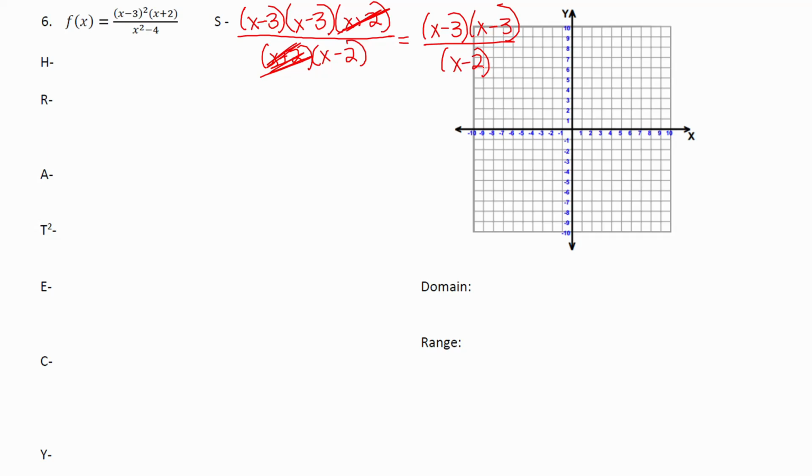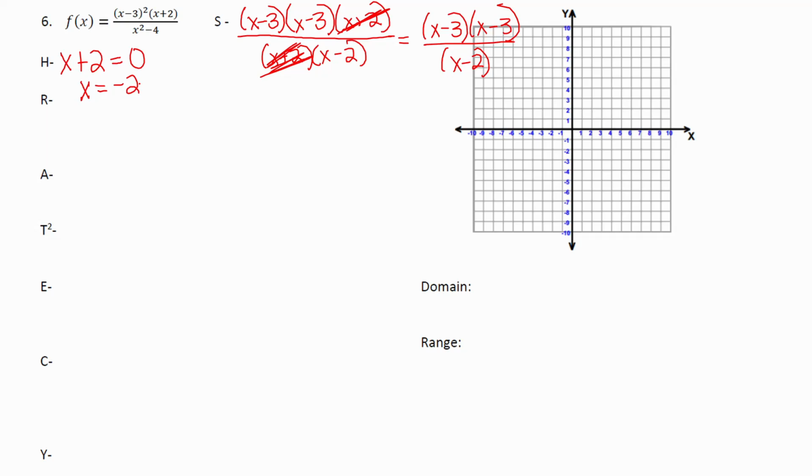Now, something is canceling out, which means we have a hole, right? So I'm going to set what we canceled out, x plus 2, equal to 0. So I'm going to say x plus 2 equals 0. And I'm going to solve for x. I get x equals -2.